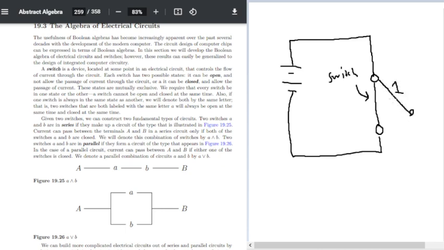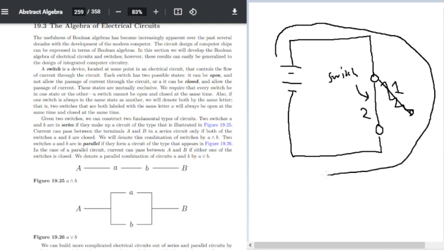This, call it state 1, is open. Notice that if this state is open, this passage doesn't exist. So current will flow onto here, and then it will stop. It won't be able to complete the loop. Now, if we are in, let's call it state 2, and this is closed, then it will allow a full completion of current through the loop, and it will give us an electrical current.